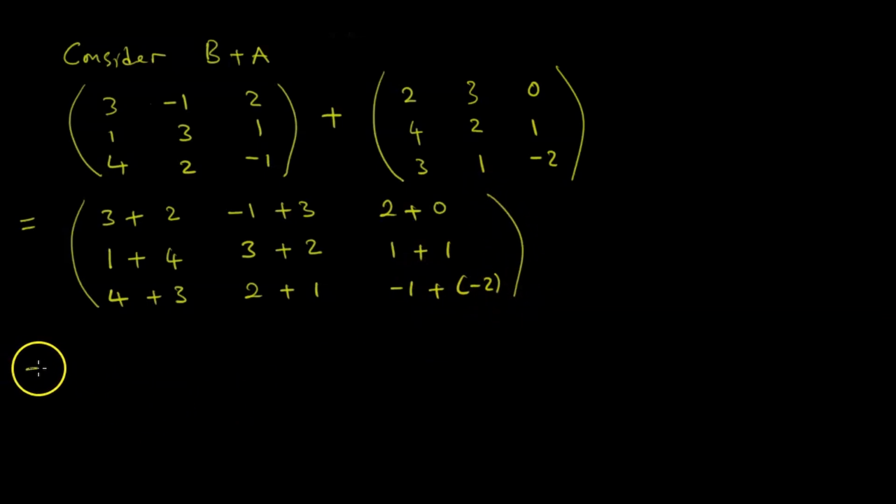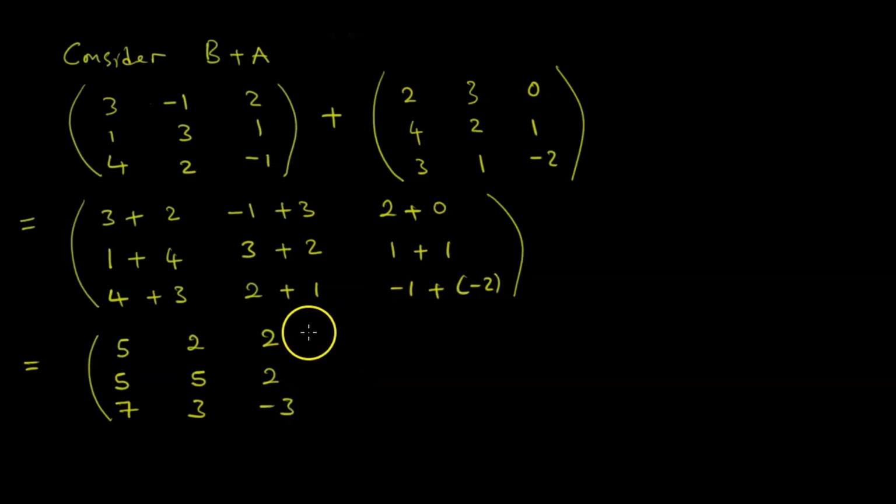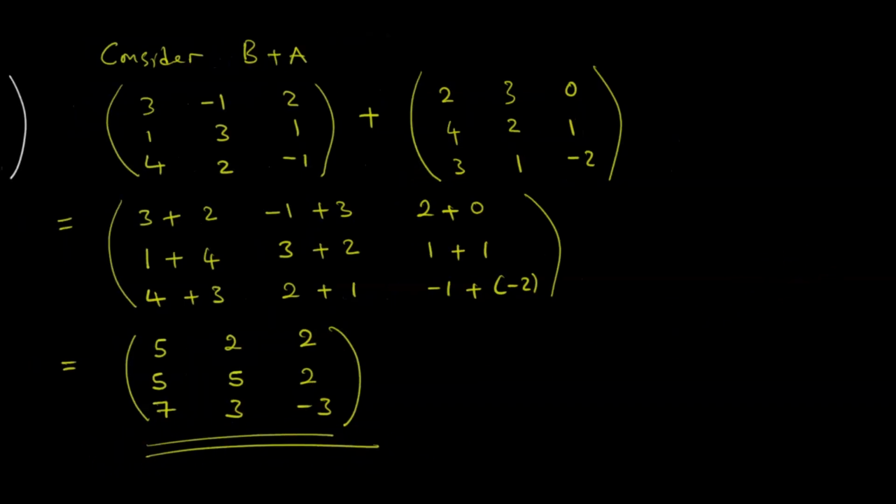Let us simplify and see. So 3 plus 2 is 5, 1 plus 4 is 5, 4 plus 3 is 7. Minus 1 plus 3 simply means 3 minus 1, which is 2. 3 plus 2 is 5, and 2 plus 1 is 3. 2 plus 0 is 2, 1 plus 1 is 2, then minus 1 plus minus 2, it's minus 1 minus 2, which is minus 3. This is the final answer we are getting.